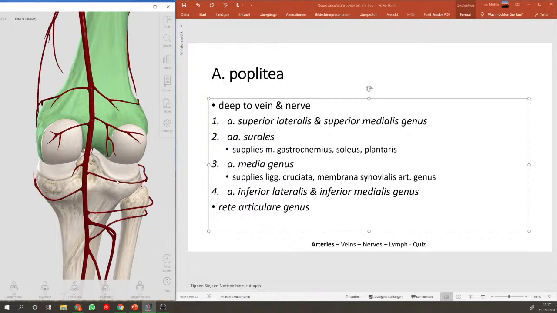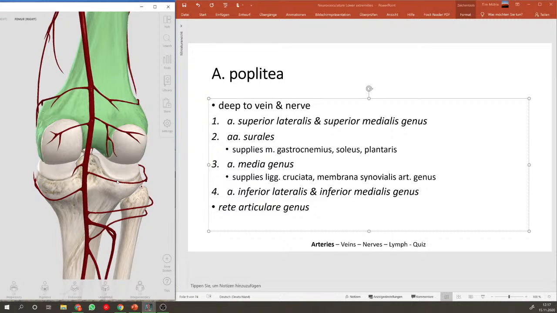So yeah, so these ones here is arteria inferior. Arteria inferior lateralis genus, and on the contralateral side here, arteria inferior medialis genus.